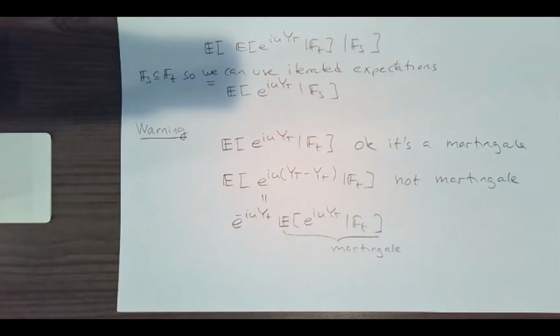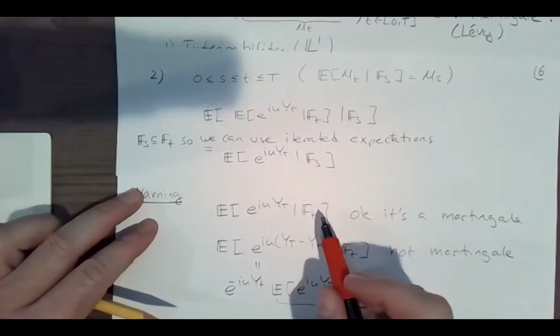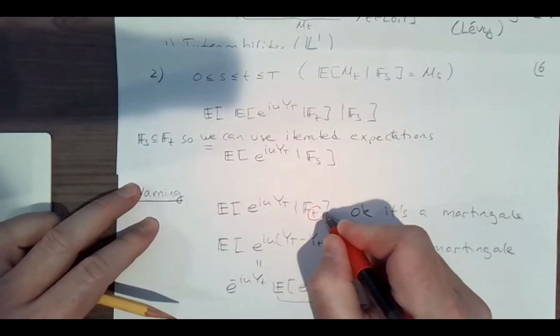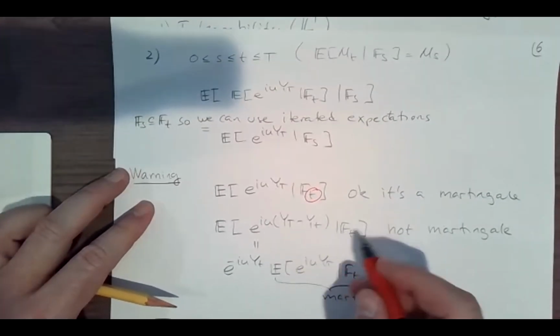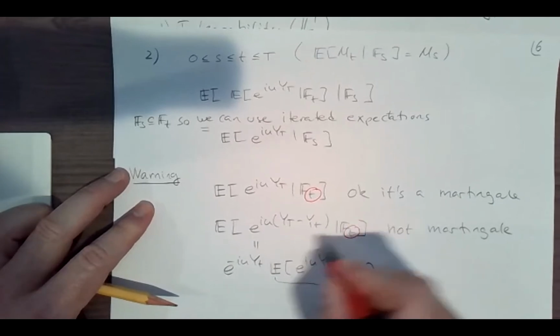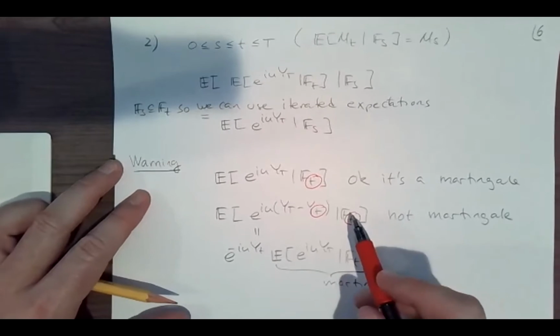Let's see if I have a red pen here. Look out for the T's. When you do the structure, there can only be one T here. Here you're going to have two little T's, right? There's a little T here, and there's a little T here. In general, that does not work.